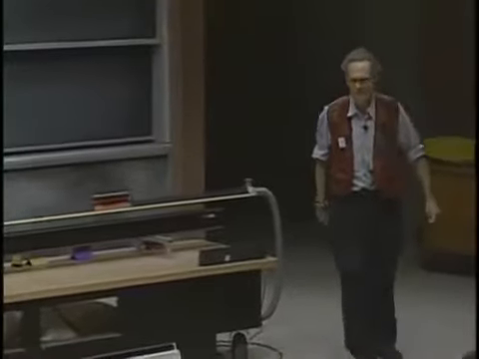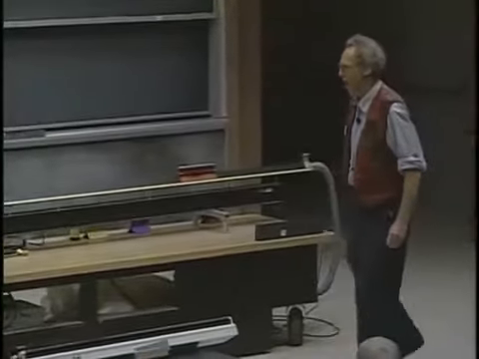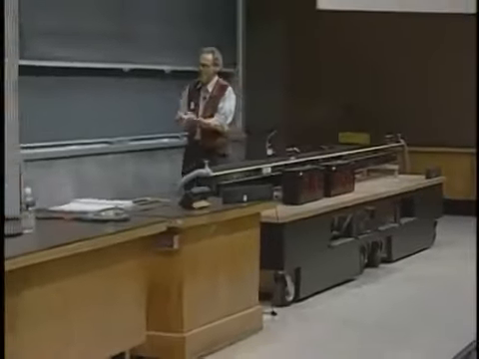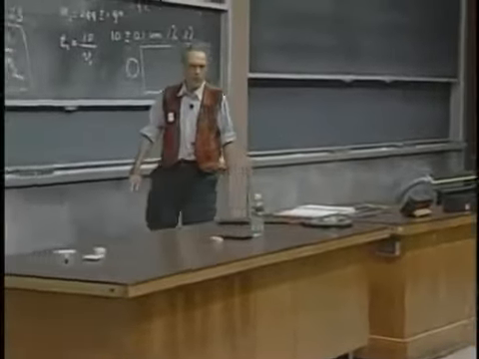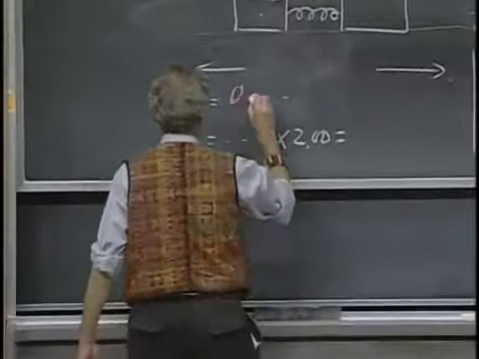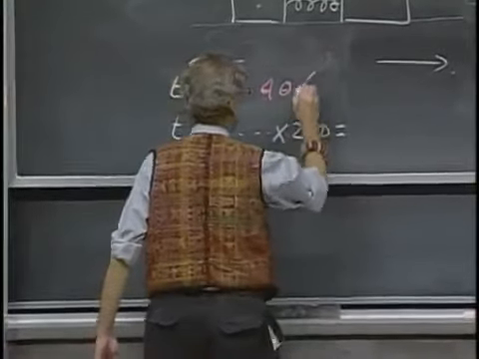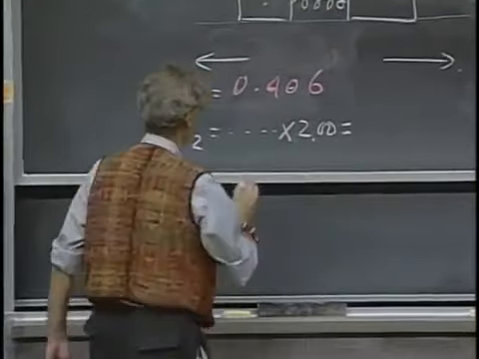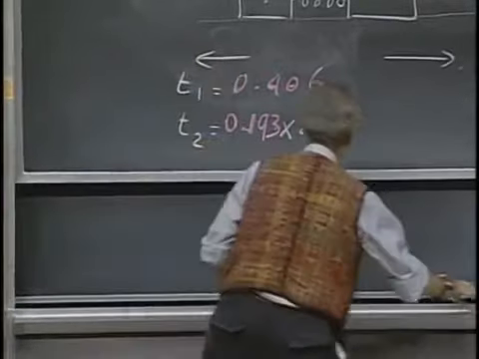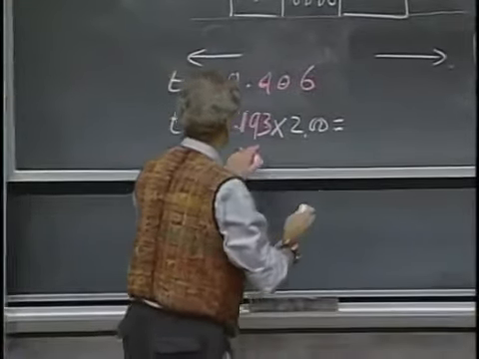What do you see? 406, 193. Whew! On the button! 406 and 193. 0.406, is that what you see? Yeah? And 0.193. Now I don't even need my calculator to multiply this by 2.